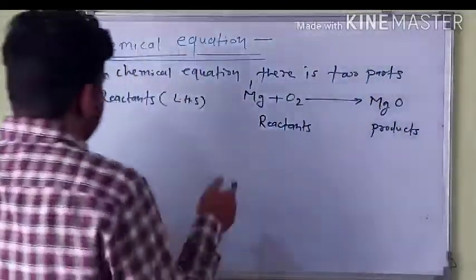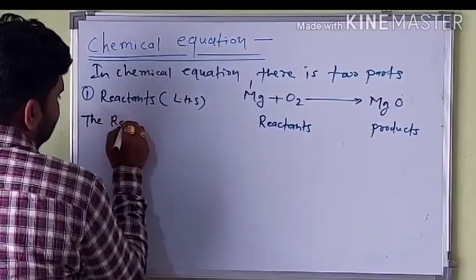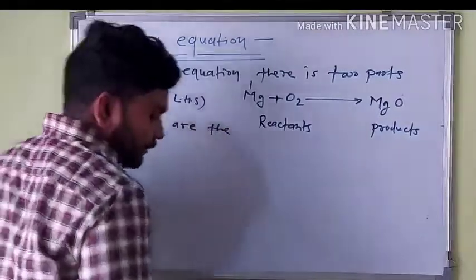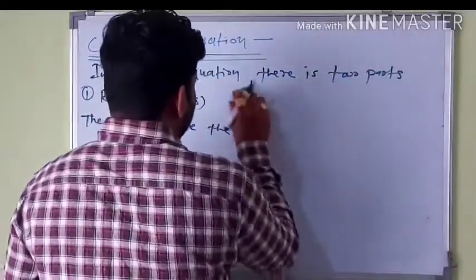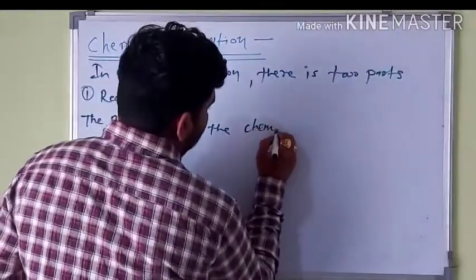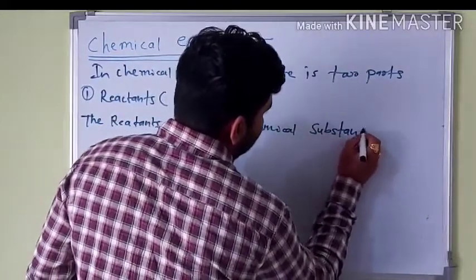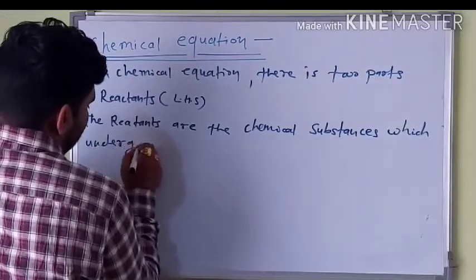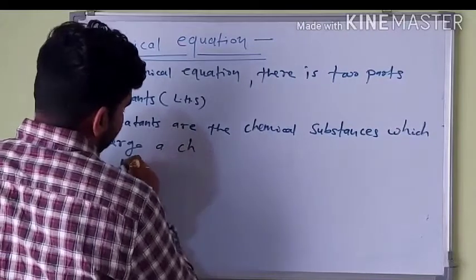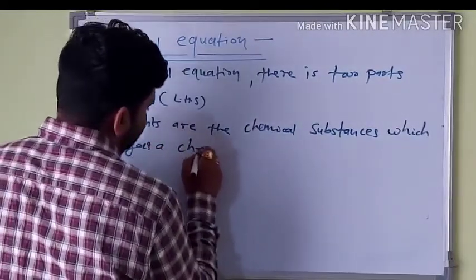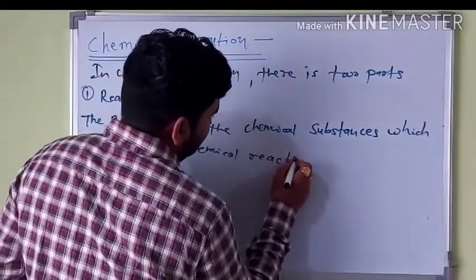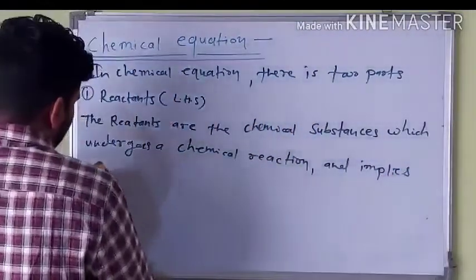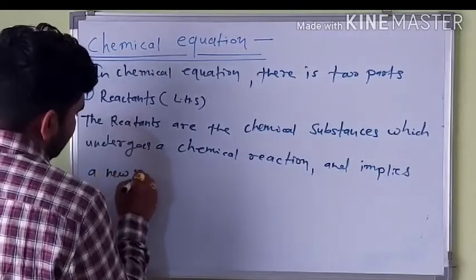The definition of reactants is: the reactants are the chemical substances which undergo a chemical reaction and form a new product.